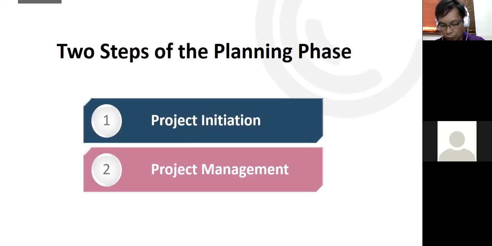During this step, the project manager or managers will create a work plan and staff the project, and they will put techniques in place to help the project team control and direct the project through the entire systems development life cycle, or SDLC.